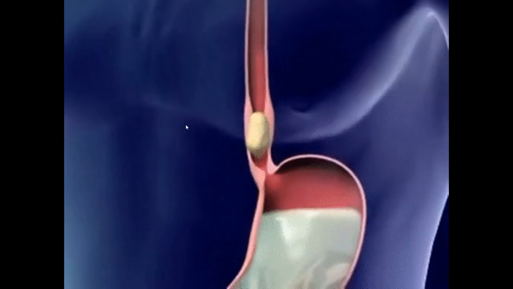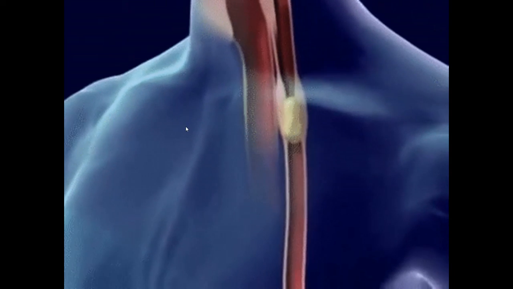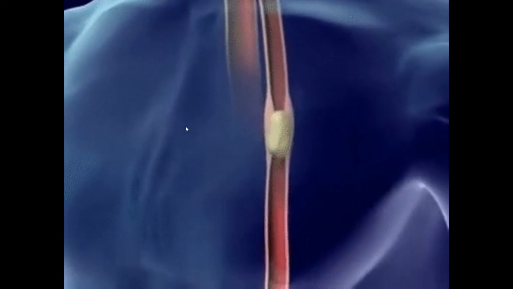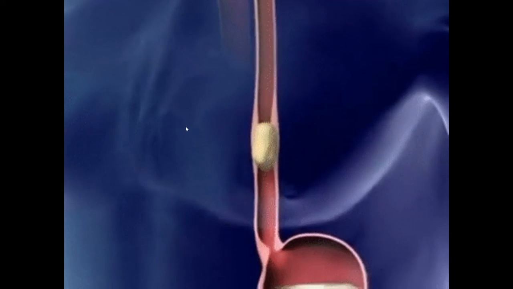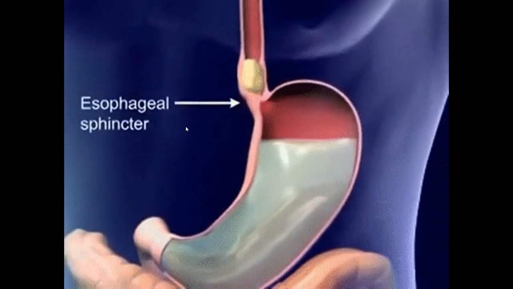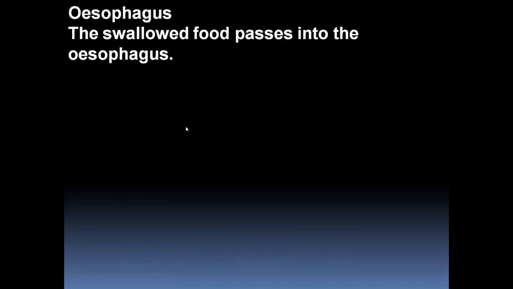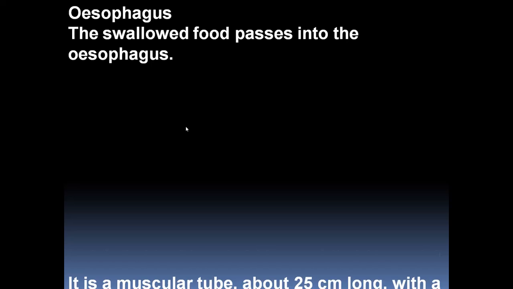The food is moving through this pipe. And there is a sphincter opening at both the ends of the esophagus. There is an opening valve. It is called the esophageal sphincter. The food swallowed passes into this tube, which is called the esophagus.